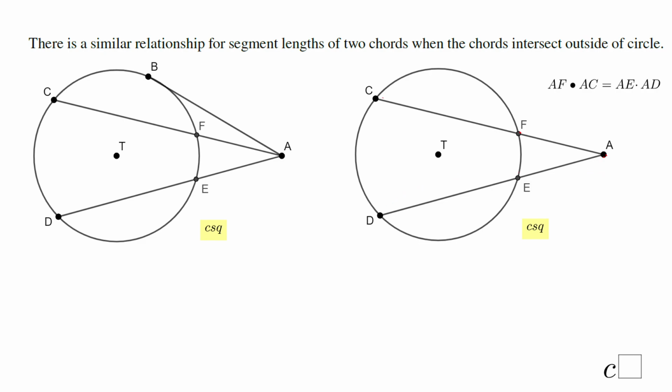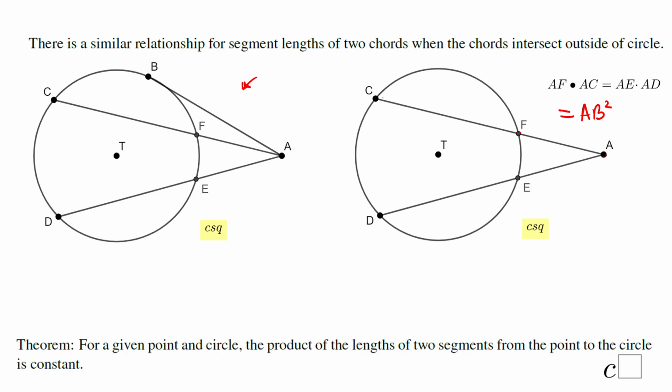So it's the same property like the other one, the only difference is you are outside of the circle. So now I'm going to put here also equals what? If we look at this picture, here you need to be careful, it's going to be equals AB squared, in case you need something like that.